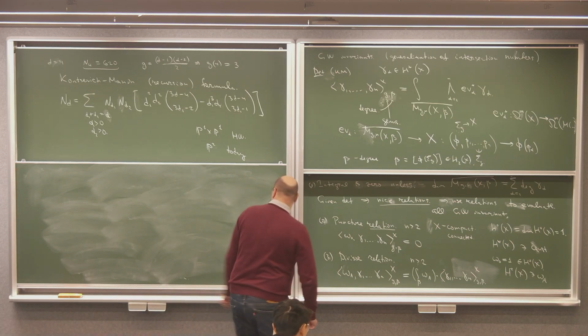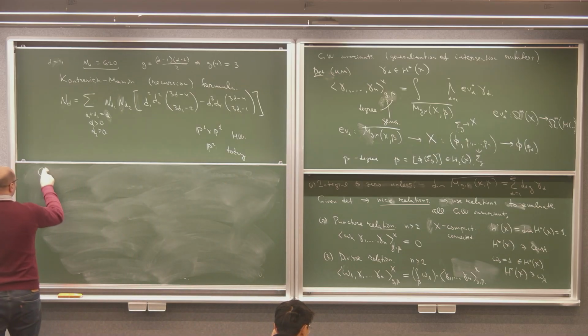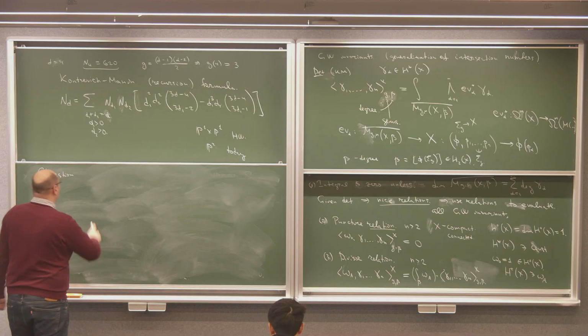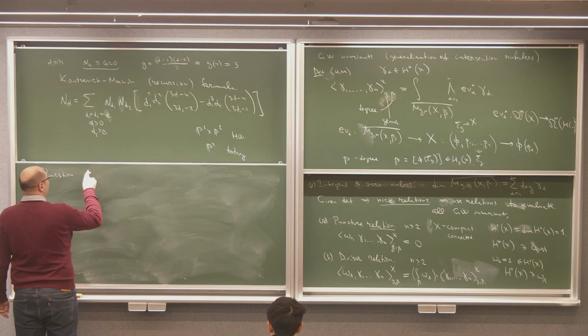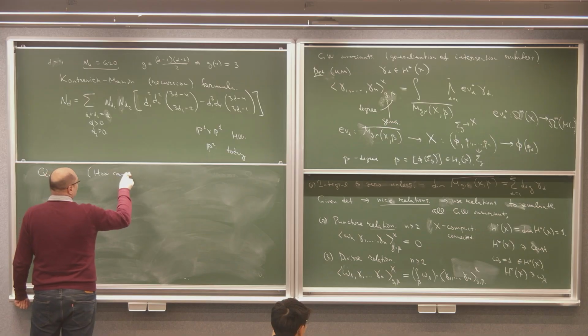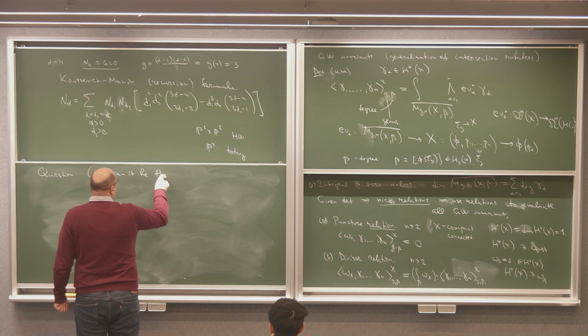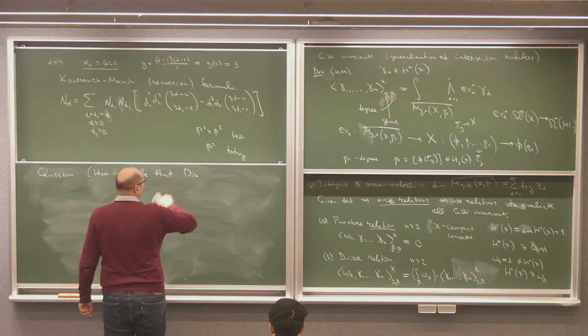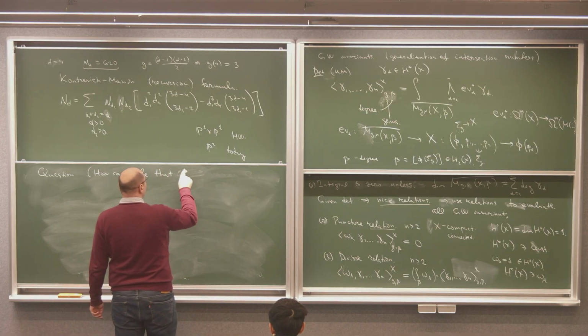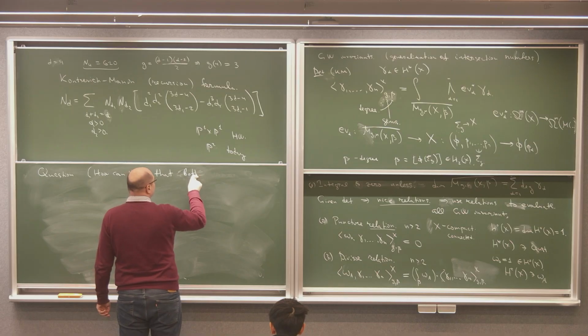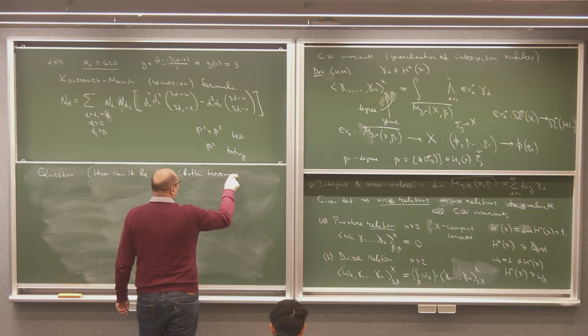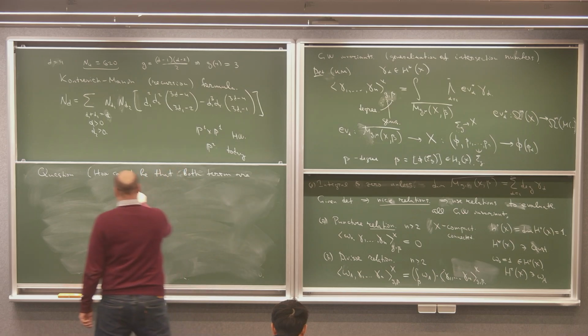So there is a good question: how can it be? In the divisor relation, both terms are generally non-zero.